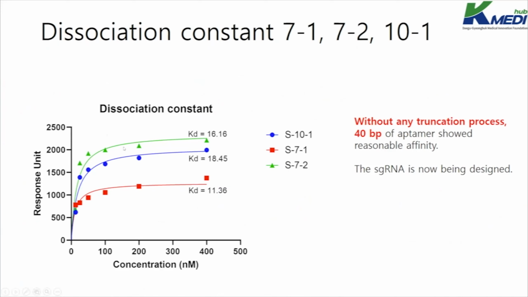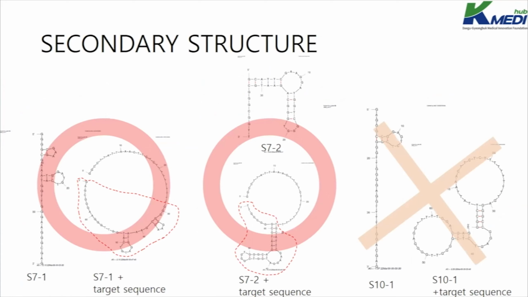And as it is shown, 3 candidates are showing quite reasonable affinity, and these 3 candidates are linked to the target sequence. I think this slide is the most important slide for this abnormal study.